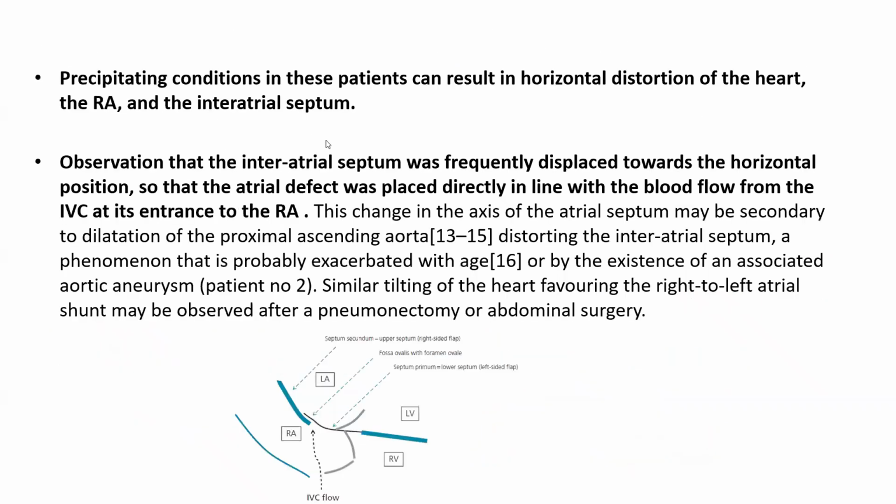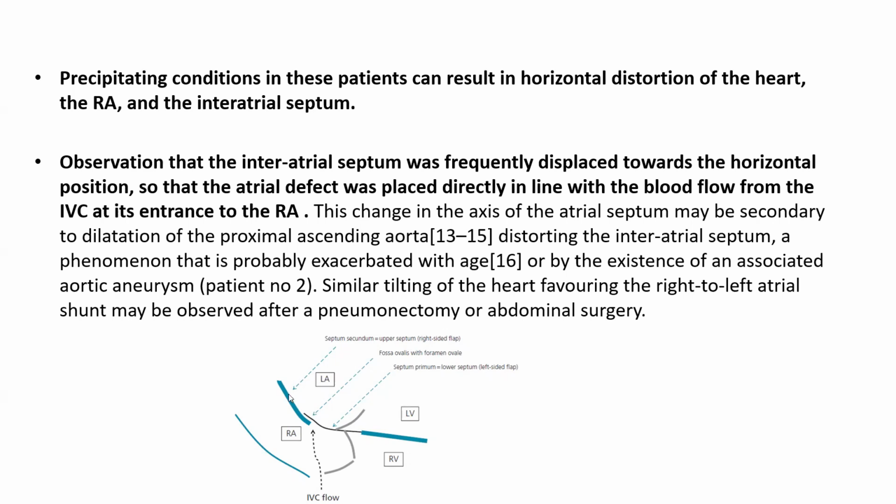You have to think about it when there are conditions that will result in streaming of that IVC flow into the PFO straight. So there are precipitating conditions in these patients that can result in horizontal distortion of the heart, the RA, and the interatrial septum.